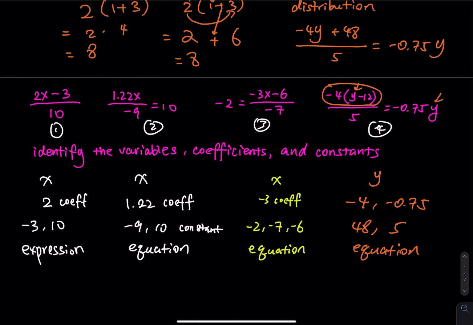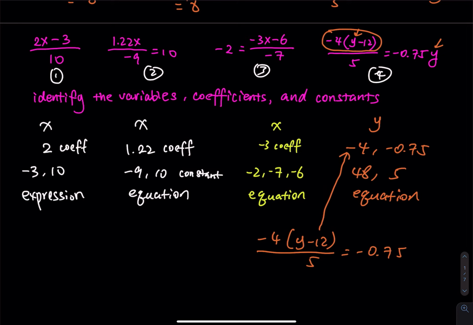If you are doing this type of problem online, and they don't expect you to do the distribution here, I got the coefficients right here, right? So if you don't do the distribution, if you just consider negative 4, y minus 12 divided by 5 equals negative 0.75, you can just say that the constants are just this and this one, but I really don't recommend this.